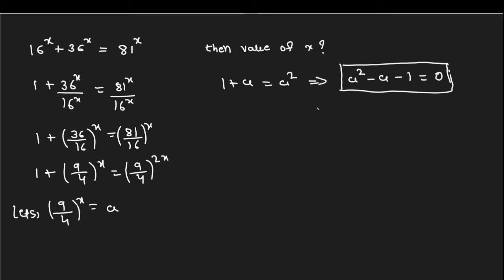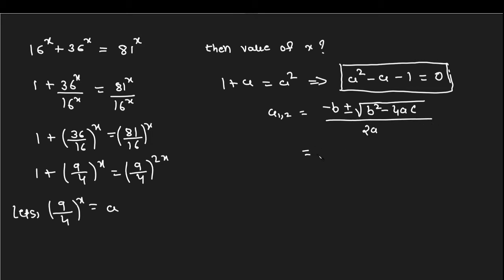So to solve this, let us write the quadratic formula. For this we have two solutions. a1,2 is equal to minus b plus or minus square root of b square minus 4ac, divided by 2a.